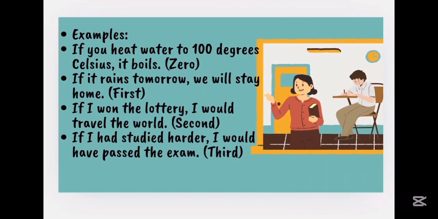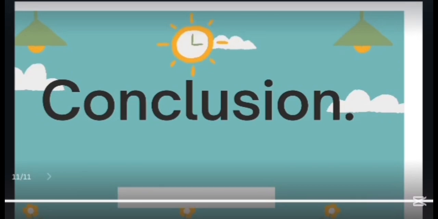So to conclude, we have explored the five main types of clauses. Noun clauses work as nouns, adjective clauses describe nouns, adverb clauses modify verbs, adjectives, or adverbs, and conditional clauses express conditions and results.